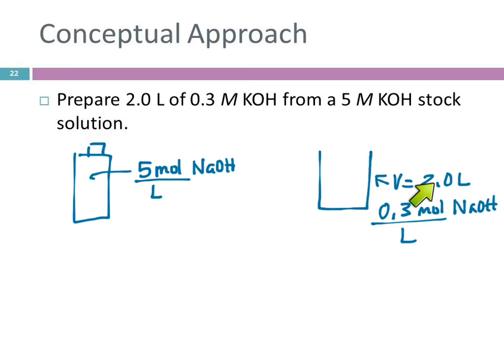I've got a volume, and I've got a unit factor here that relates moles to liters. So 2.0 liters, and I want to know how many moles of sodium hydroxide I need.